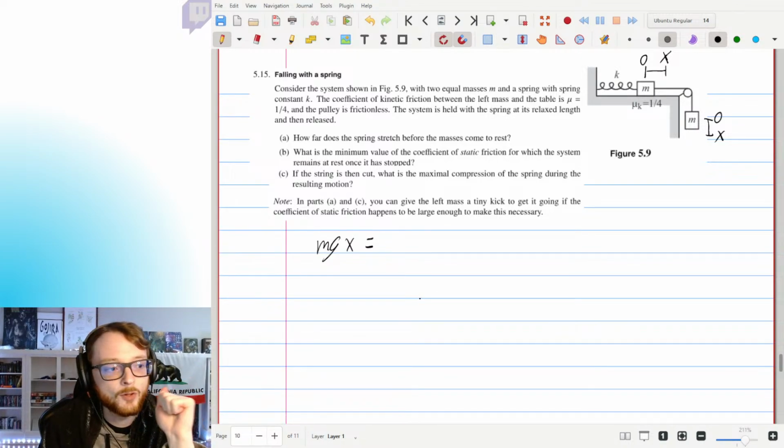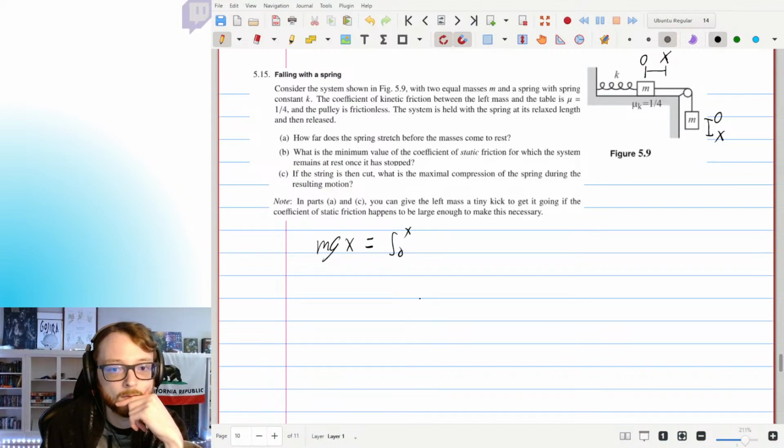And so then there's going to be work done by friction, which I believe, well, we'll just go back to the integral that we were doing in the previous problem. Integral from 0 to x of the coefficient of kinetic friction. They don't give us static friction. Interesting.